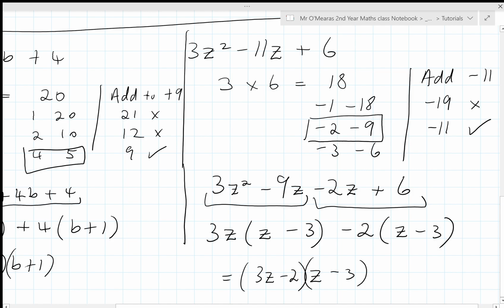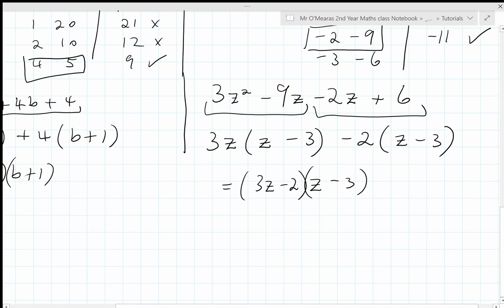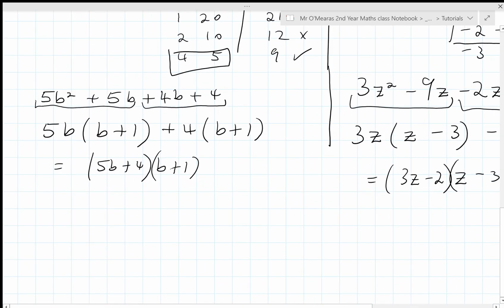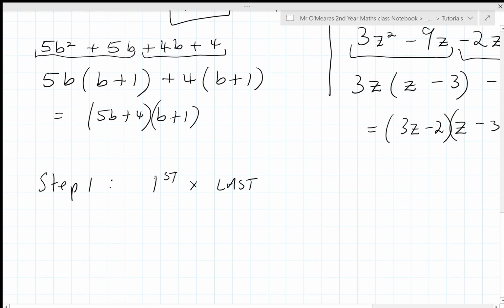Okay, so factorizing quadratic trinomials. This is the method that you should be using. So let's have a quick summary. Step 1, first multiplied by the last, so your coefficient of the x squared or the b squared, whatever, by the constant.